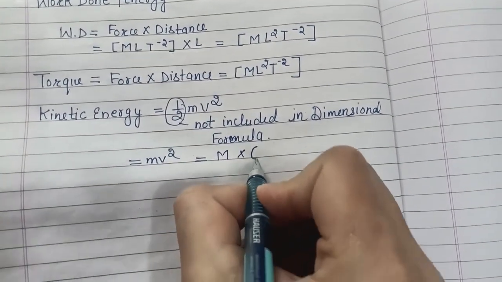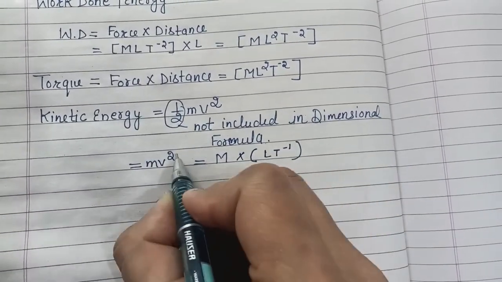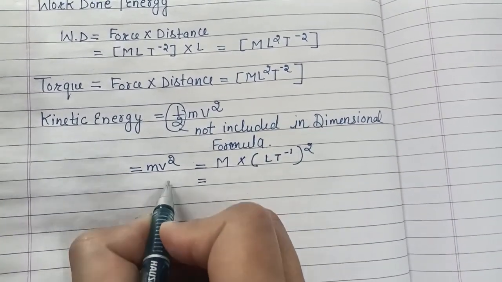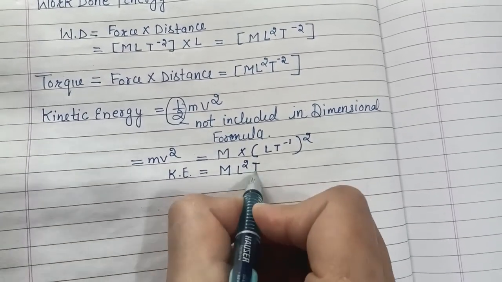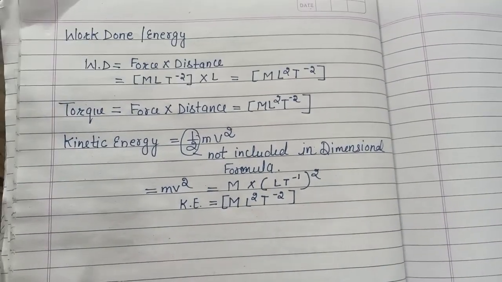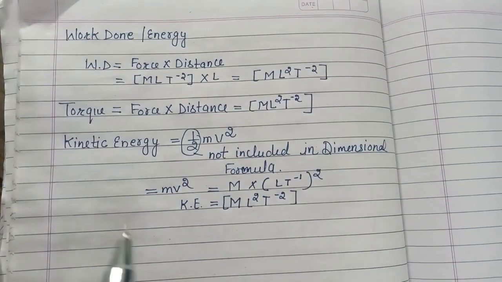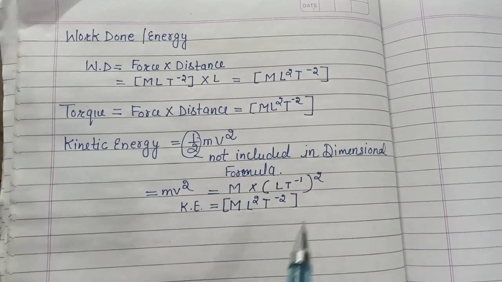We already know the dimensional formula for velocity is LT^-1 and the whole square. Therefore kinetic energy will become ML^2T^-2. So these three have the same dimensional formula: work done or energy, torque and kinetic energy, that is ML^2T^-2.